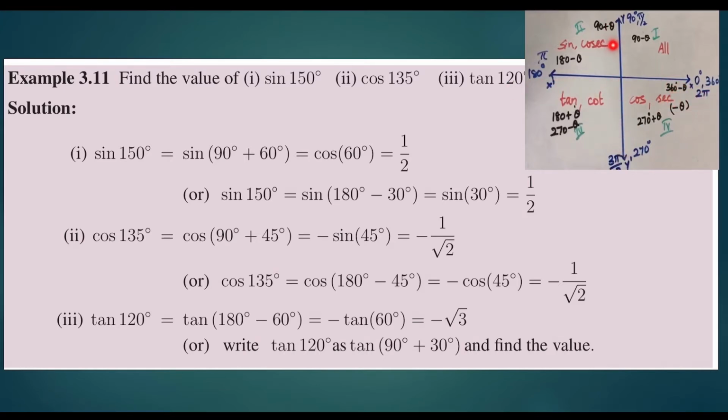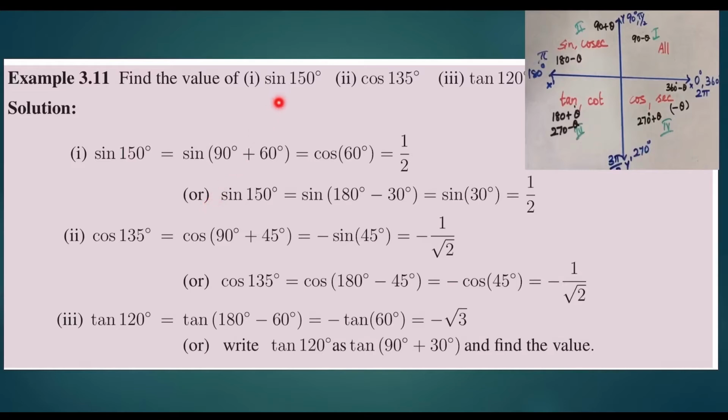So, sin 90 plus 60 can be written as sin becomes cos. So, cos 60 degree, sin 90 plus theta is cos theta. So, it is cos 60. What is the value of cos 60? That is equal to 1 by 2.